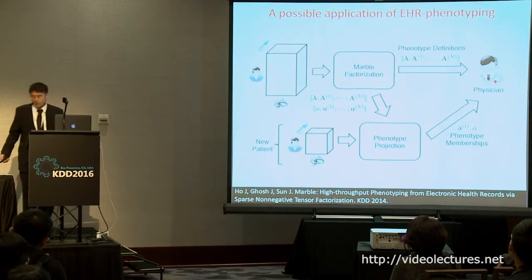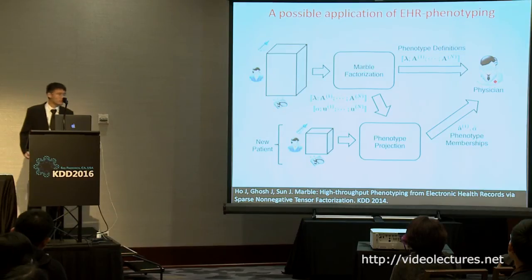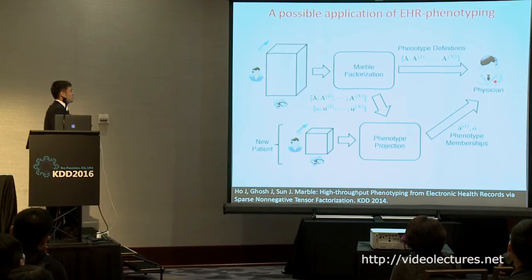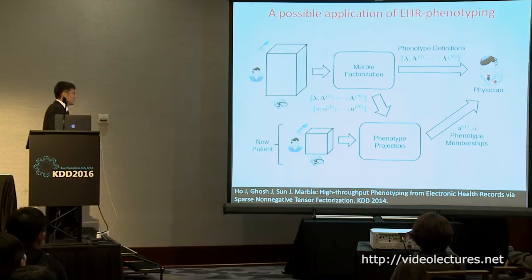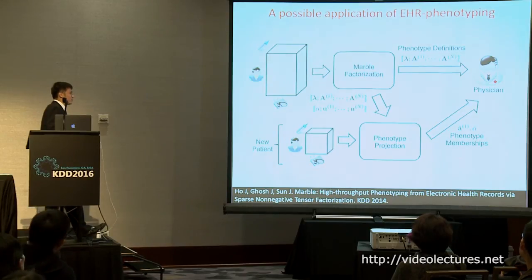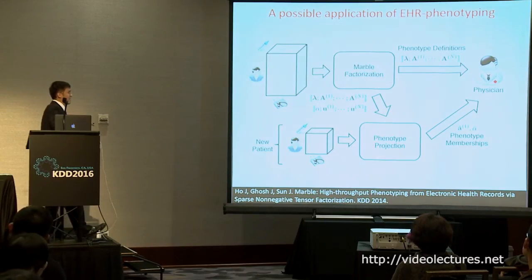And back to my objective, how to use the tensor in real-world applications: once we have a tensor and do the factorization, when a new patient comes, they do a phenotype projection and assign phenotype membership. For example, the patient is a heart failure patient, a diabetes patient, or some other type of disease patient.